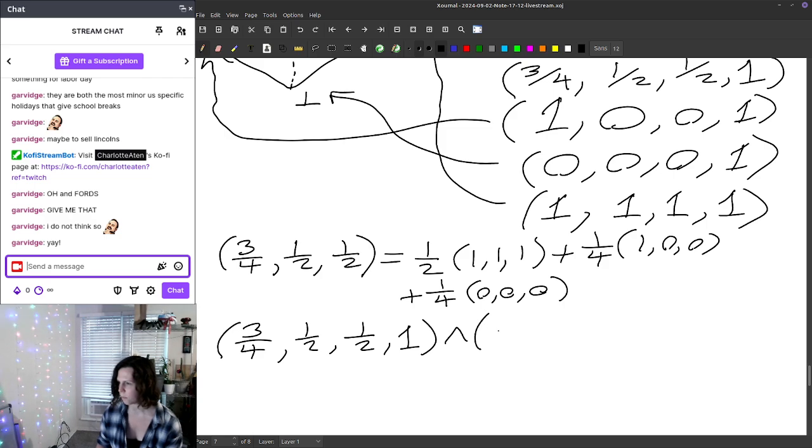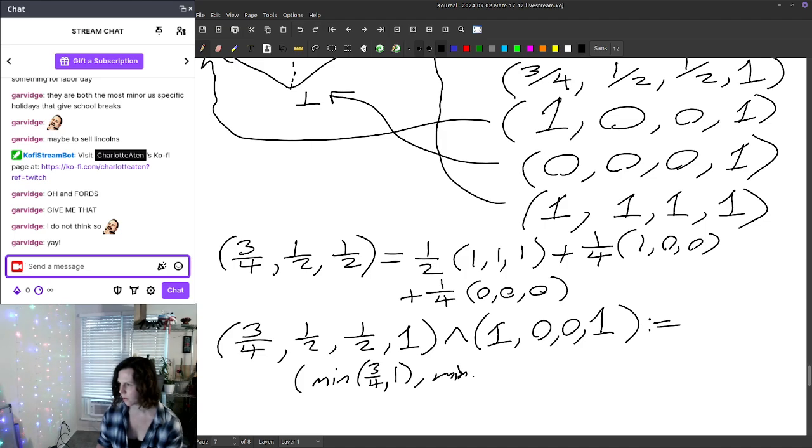If I want to define the meet of that with something like (1, 0), (0, 1), by definition, that's supposed to be the minimum over each pair of coordinates: the minimum of 3/4 and 1, the minimum of 1/2 and 0, the minimum of 1/2 and 0, and then the minimum of 1 and 1, which is boring.